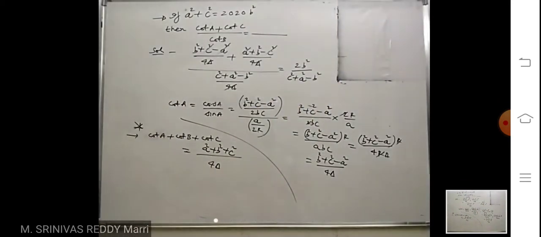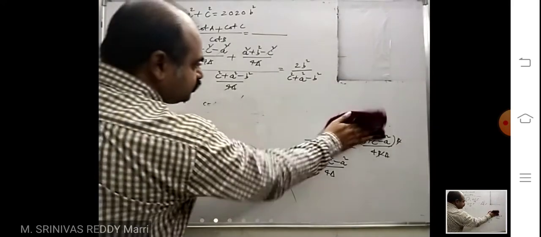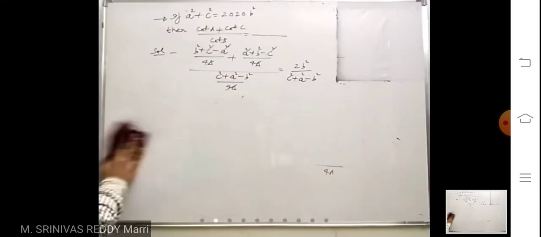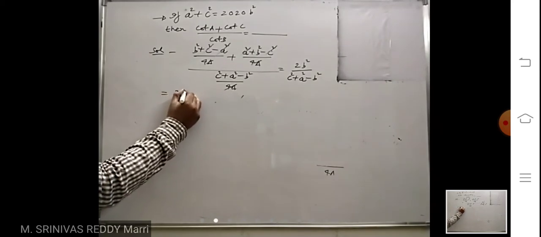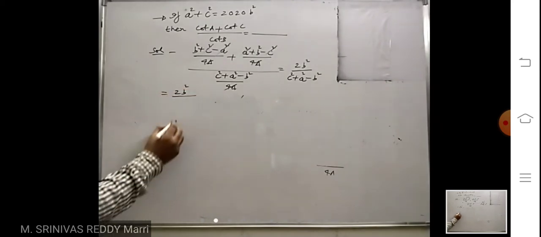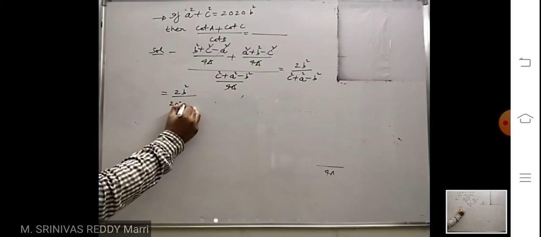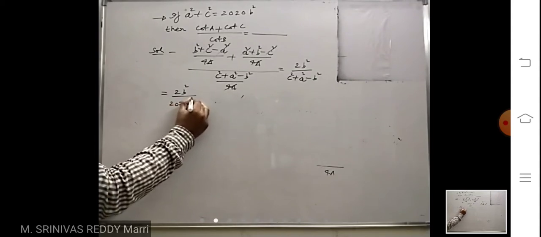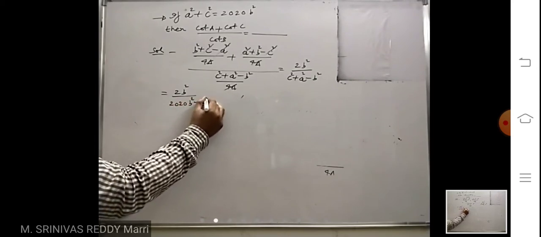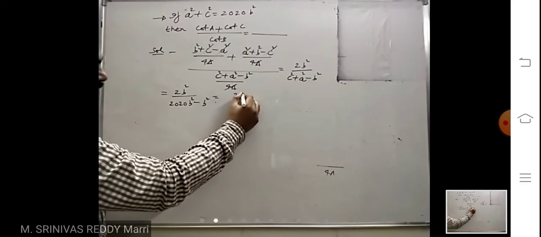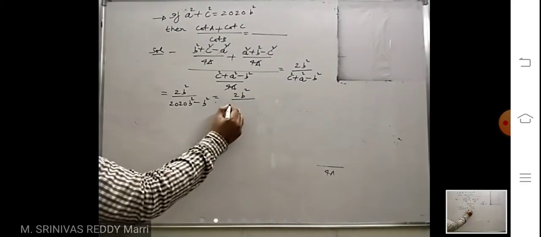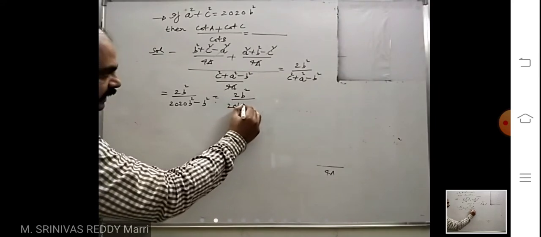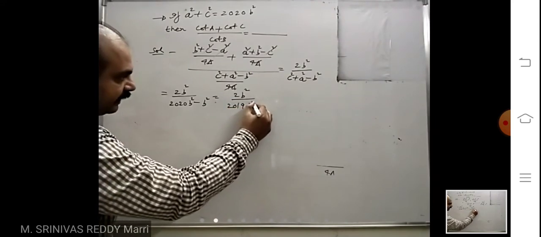So what is given in the question? C square plus A square equal to 2020 B square. That means this is nothing but 2B square divided by 2020 B square minus B square, which is 2B square divided by 2019 B square.